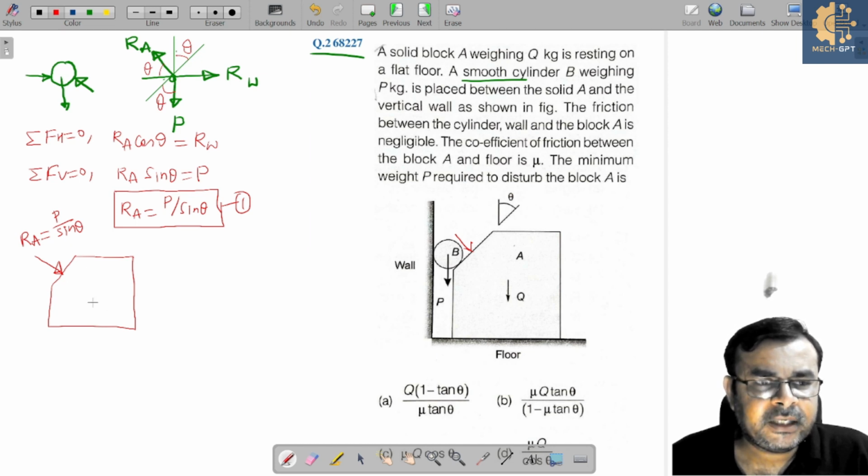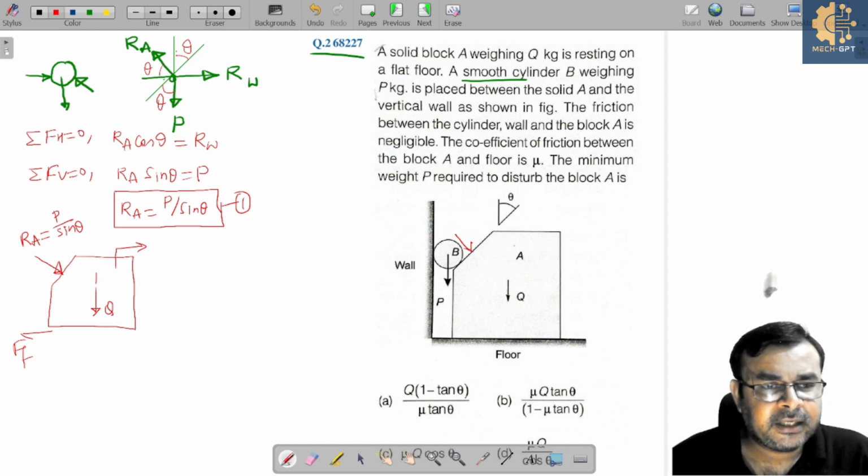And its own weight is acting downward. So let's say this is Q. And obviously due to this force, this box is trying to pull along this direction, yes or no. So the friction force can act here, yes or no. Is it clear?